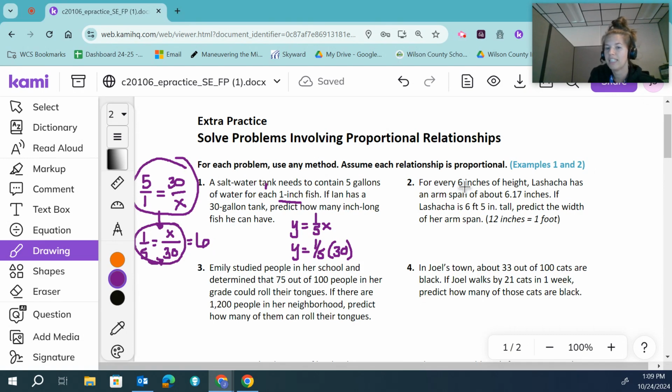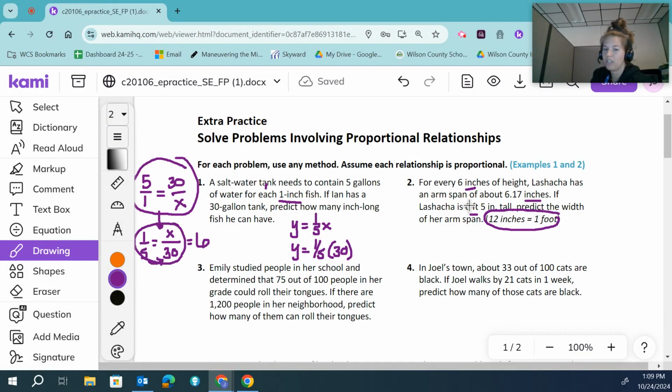For every 6 inches of height, LaSasha has an arm span of about 1.17 inches, or 1 17/100 inches. If LaSasha is 6 feet 5 inches tall, predict the width of her arm span. Now, they have inches here at the beginning, but then they throw some feet in here, so you're going to have to convert.